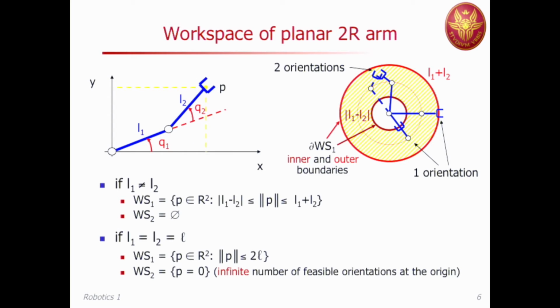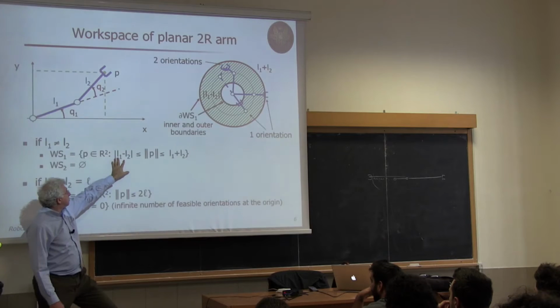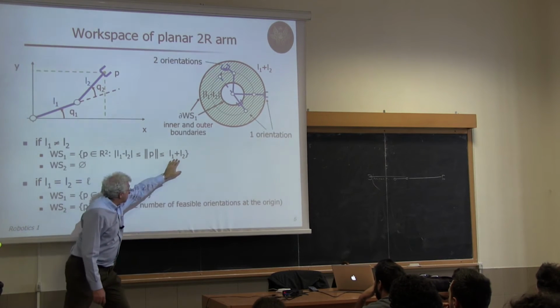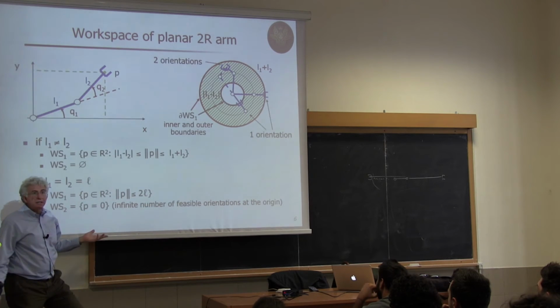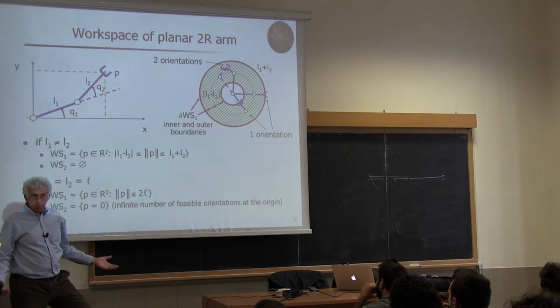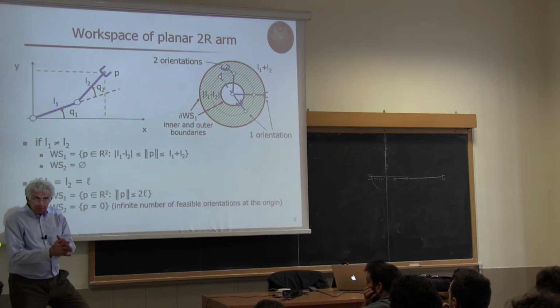No wonder if you take the two links of equal length, so L1 is equal to L2, let's say calligraphic L. So what happens to the primary workspace? This boils down to 0, and this becomes 2L. So you're saying that the hole vanishes. The hole vanishes.